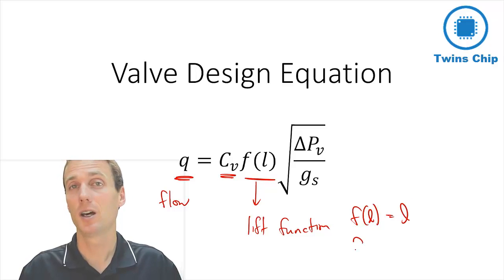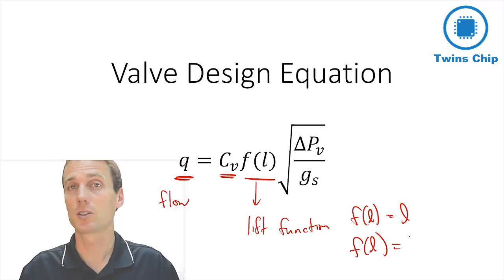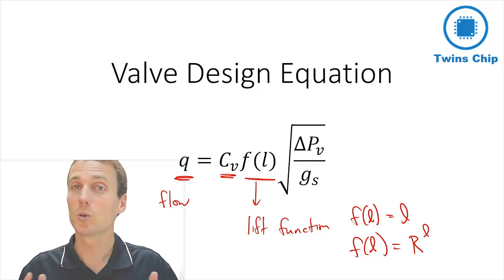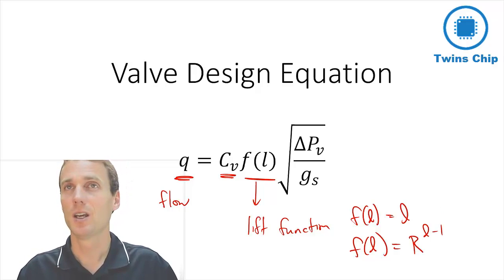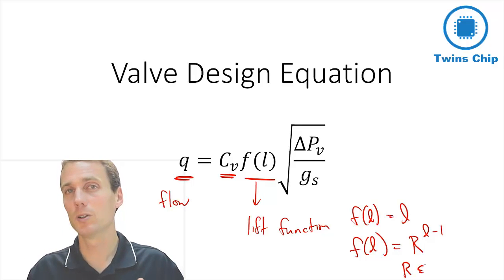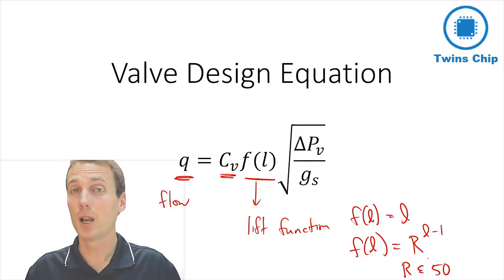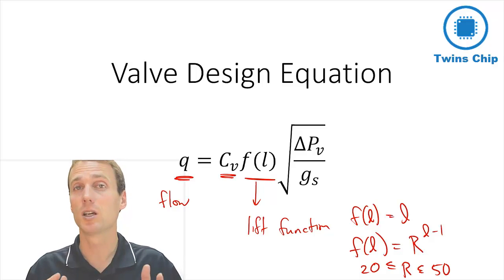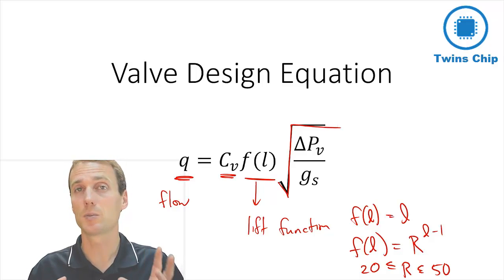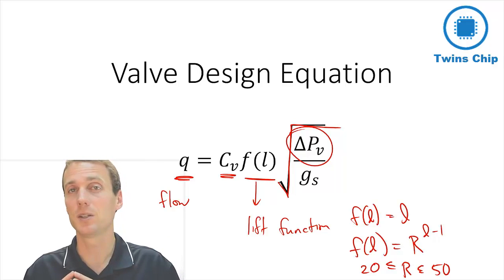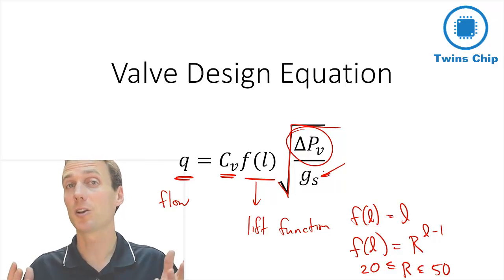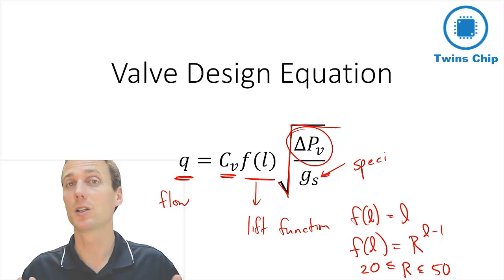We're also going to be talking about equal percentage valves in this class, so linear or equal percentage valves. And then you also have the square root of a ratio here. This is the delta PV, the delta pressure across the valve, and then the specific gravity of the fluid that's flowing through the valve.